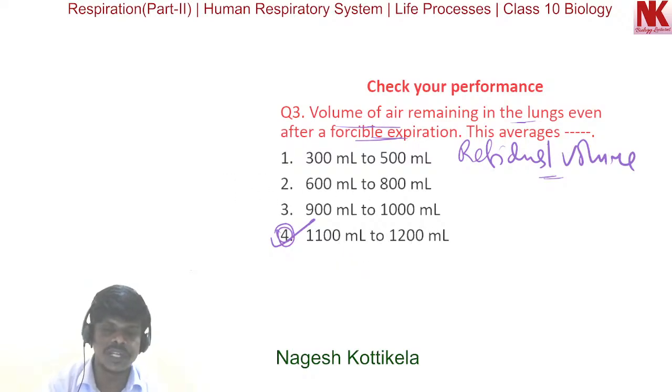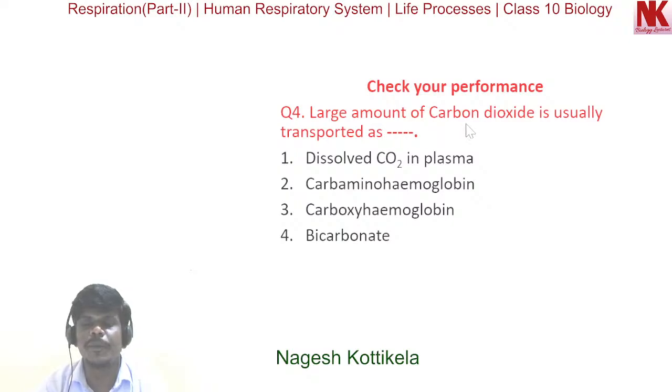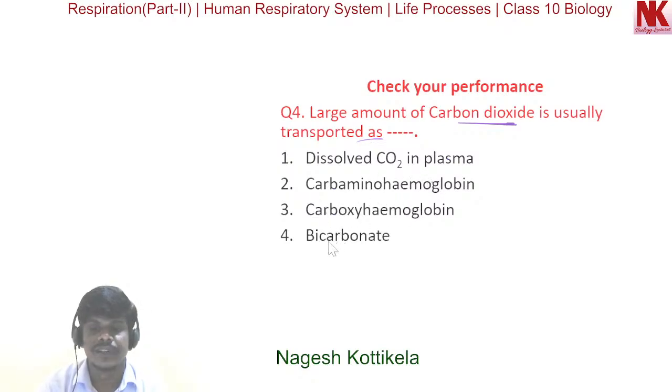Now moving to the next question. Large amount of carbon dioxide is usually transported as: option 1, dissolved CO2 in plasma, carbaminohemoglobin, carboxyhemoglobin, bicarbonate. Here option 4 is correct, bicarbonate. This is up to 70%.